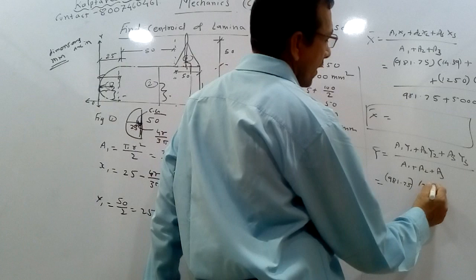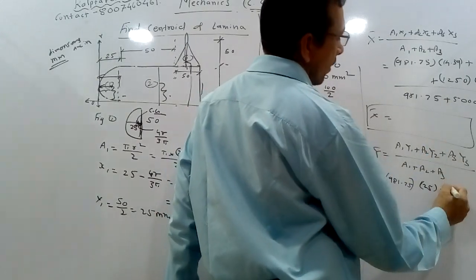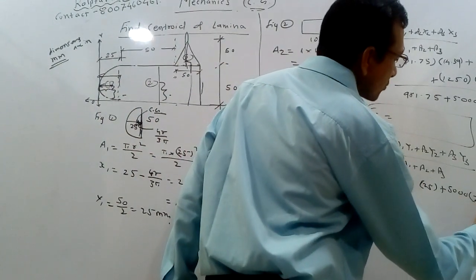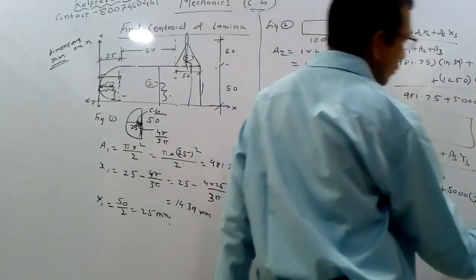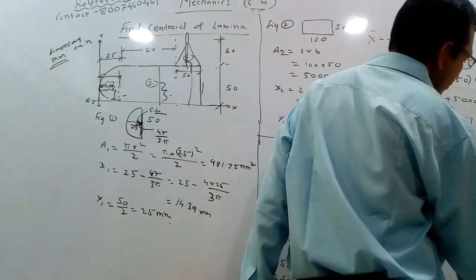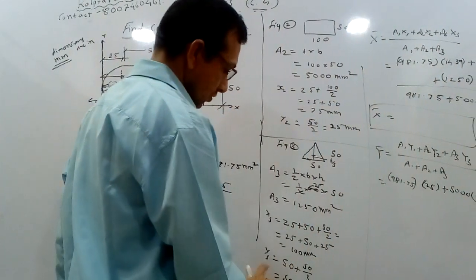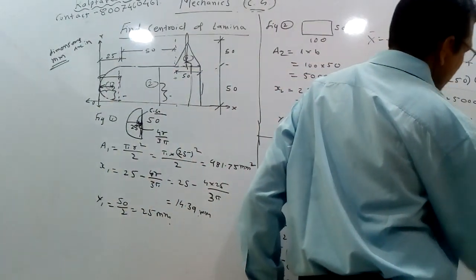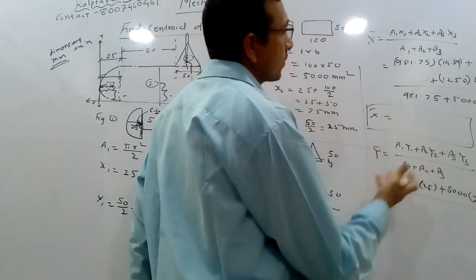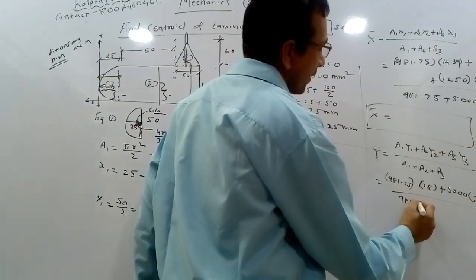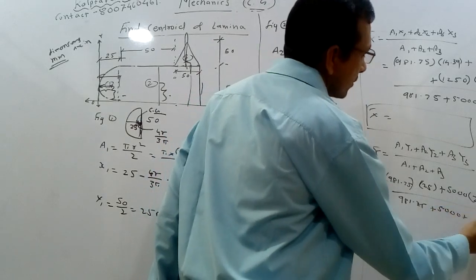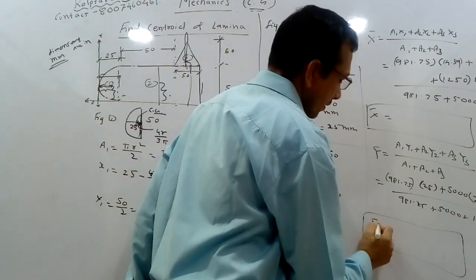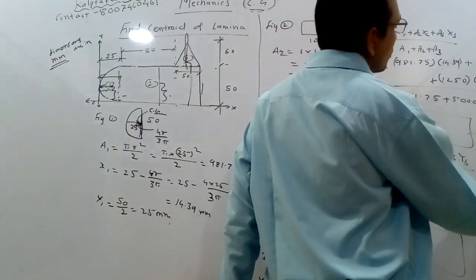So you write 25 plus A2, 5000 into y2, 25, plus A3, 1250 into y3, 66.67, upon A1 plus A2 plus A3, 981.75 plus 5000 plus 1250, that we have to calculate as y bar, and that is nothing but my CG.